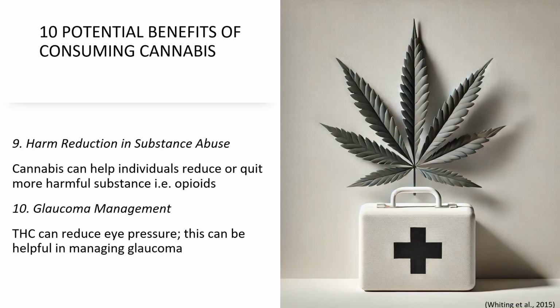Number 9, harm reduction in substance abuse. Cannabis can help individuals reduce or quit more harmful substances, for example, opioids. Number 10, glaucoma management. THC can reduce eye pressure. This can be helpful in managing glaucoma.